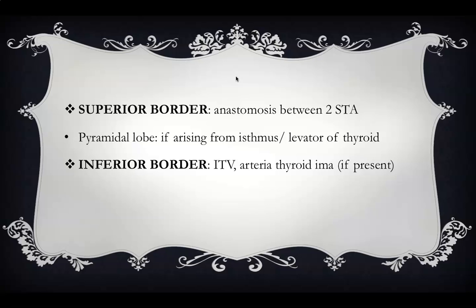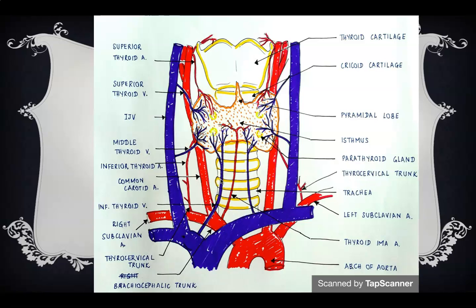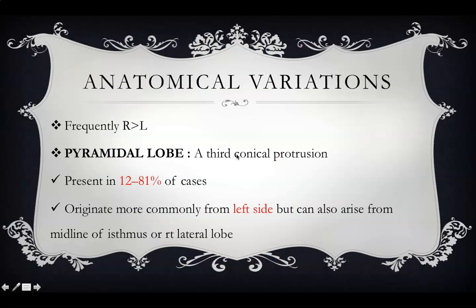So the pyramidal lobe will form a levator of thyroid, and then we have the inferior border, that has the inferior thyroid vein and the thyroid ima artery. So this is the inferior border here, and there we will have the inferior thyroid vein and the thyroid ima artery here. Okay. So that's about the surfaces and borders.